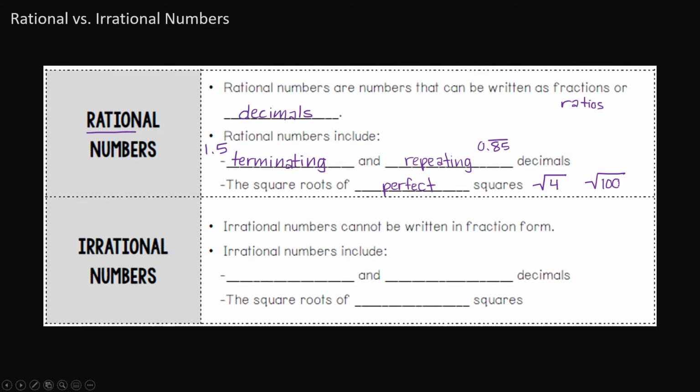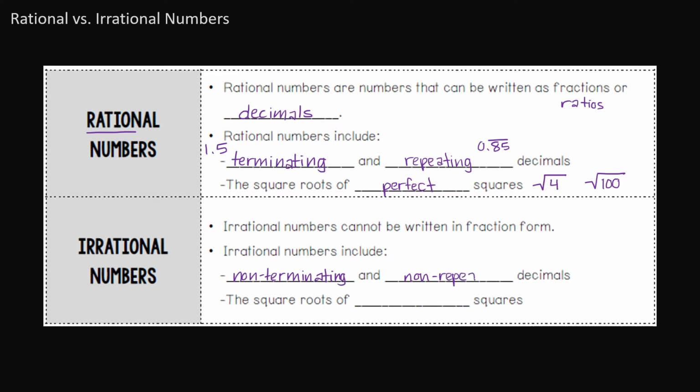Now let's talk about irrational numbers. Irrational numbers cannot be written in fraction form. You cannot write them as fractions. They include non-terminating and non-repeating decimals.